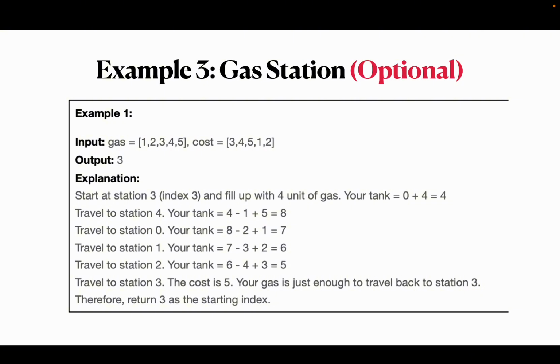In the next move, we travel to station 2, and the tank will be 6 minus 4 plus 3, that is equal to 5. Finally, we travel back to station 3, and the cost will be 5, so our gas is just enough to travel back to station 3. Therefore, we return 3 as the starting index, since if there exists a solution, it is unique.